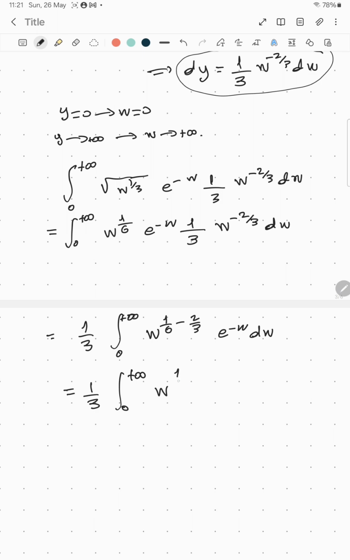Now I need a common denominator here: minus 4 divided by 6, e to the minus w dw. This is w to the minus 3/6, e to the minus w dw.